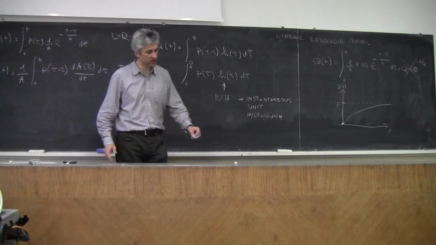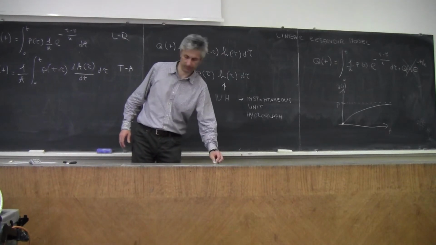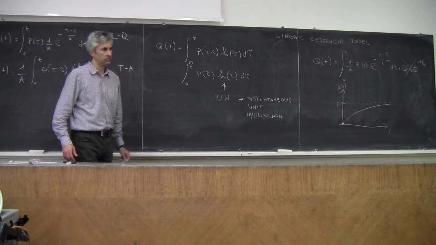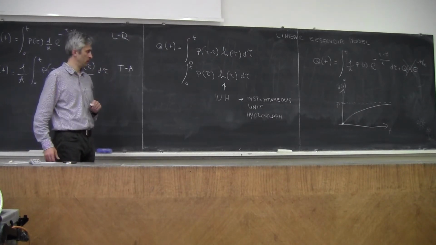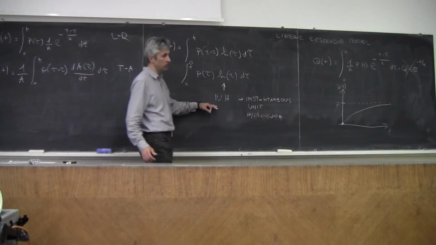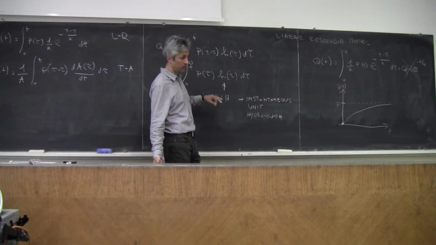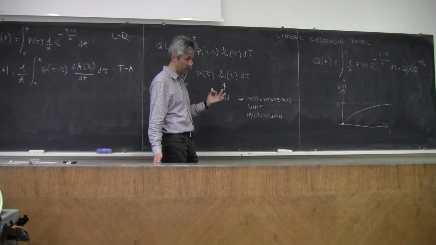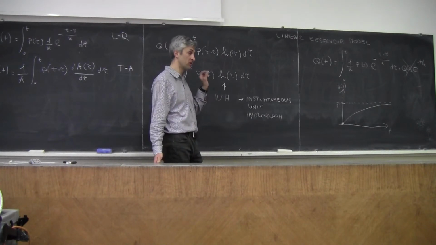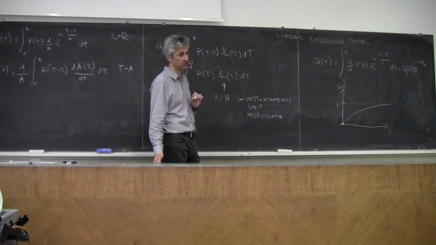Why is it called the instantaneous unit hydrograph? Because it can be proved that the IUH is the response of the basin, the catchment, to an impulse of rainfall of unit volume.